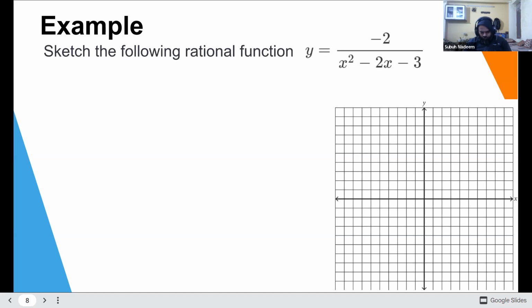Sir, I still didn't get the zero of the denominator. How do we do it? You have to do middle term splitting. X square minus 2x minus 3 is a quadratic, so you need to do middle term splitting here.